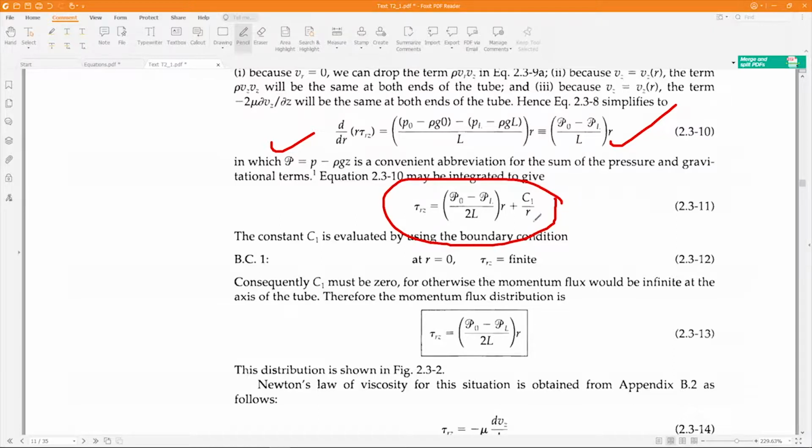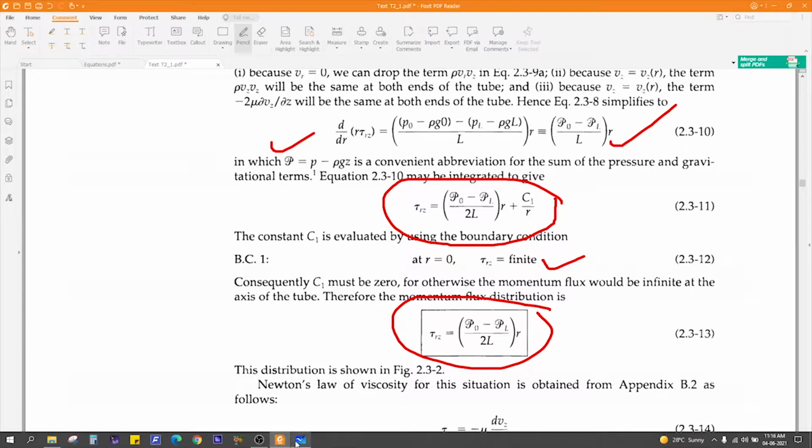Again, the same boundary condition will be used at r is equal to 0, because at the center there is no wall. So shear stress is always finite at the center, away from the wall. If you put r is equal to 0, then tau rz becomes infinite, which is not possible. So C1 has to be 0. C1 goes out, so you're left with only this.